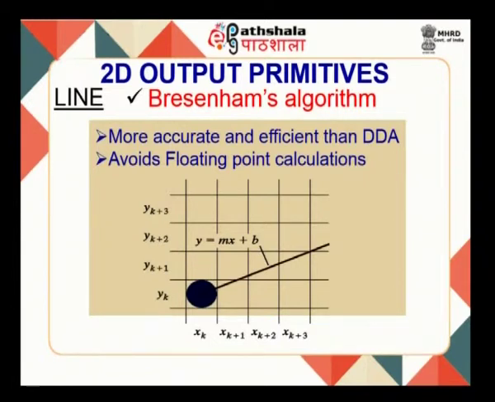So, imagine you are given a line whose slope is like this, say for example, m is less than 1. If you recollect the discussion on the DDA line drawing procedure, we talked about various line types. Lines are inclined towards the x axis or towards the y axis, or maybe the line slope is equal to 1, sometimes dy is equal to dx.